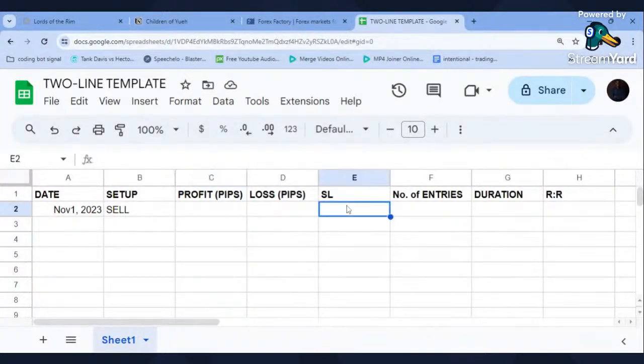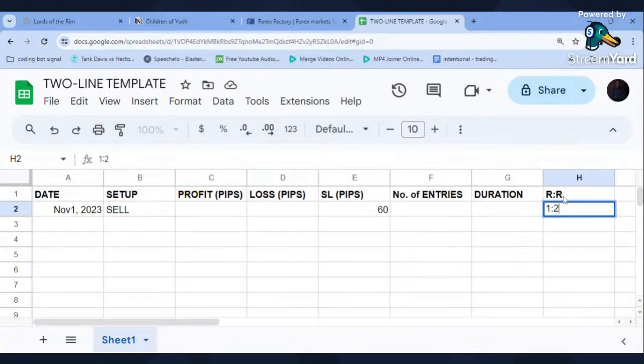Remember that my stop loss, SL, is 60 pips. So SL is calculated in pips. But I'm targeting at least a risk reward ratio of 1 to 2.